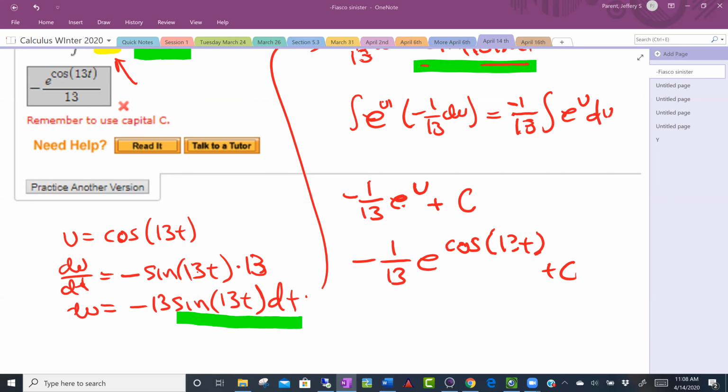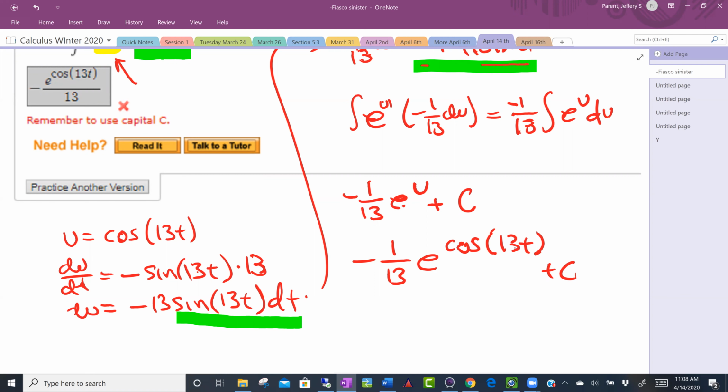So cool. That does it for this one. And the only thing I can see wrong with this person's answer is that they forgot the C. So I hope that doesn't happen to you, because with WebAssign, it's more of an all or nothing thing. And I don't want to see you get nothing if all you forgot was the constant.